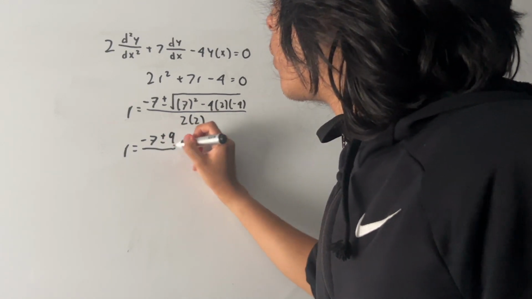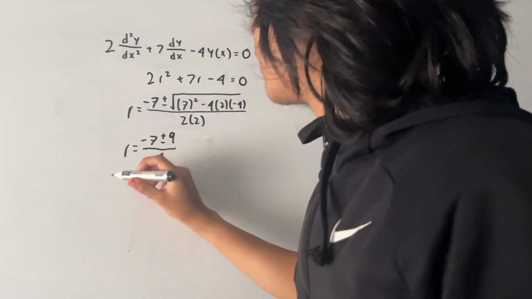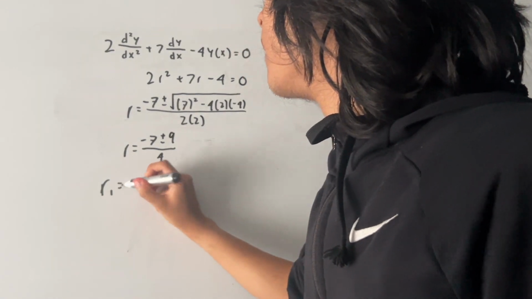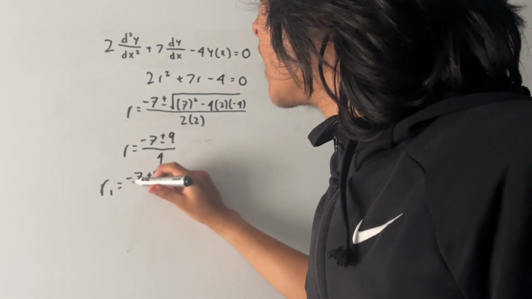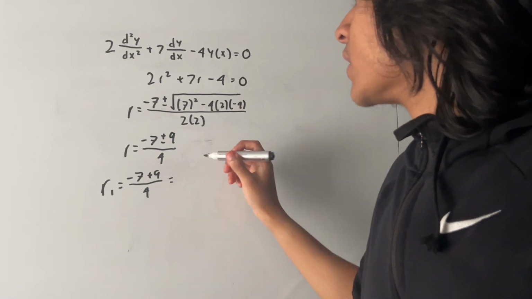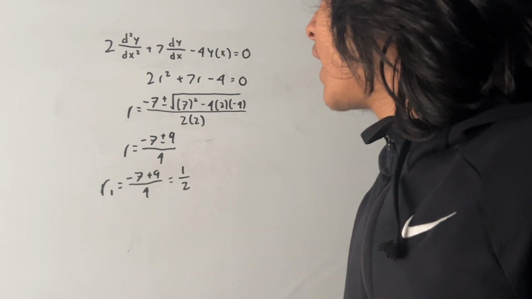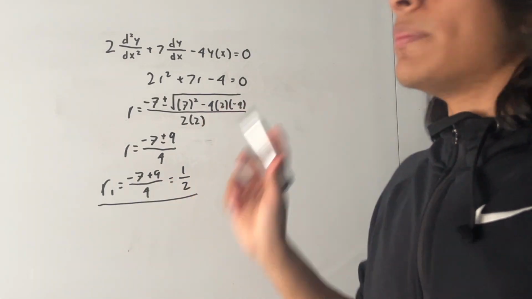9 over 4. So our first solution here, we're going to have r1. Let's put it when it's plus, so negative 7 plus 9 over 4, and that's going to be equal to 1/2. So here we have r1. And now let's do it for the minus case.